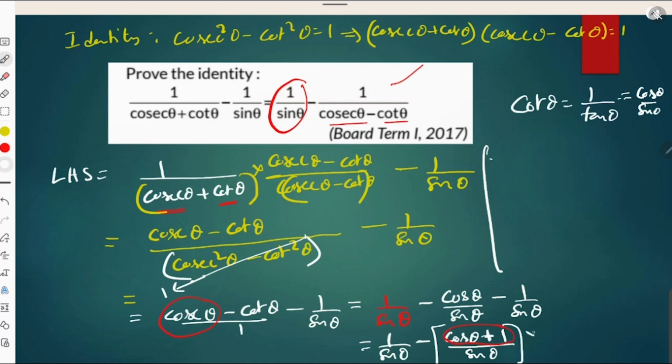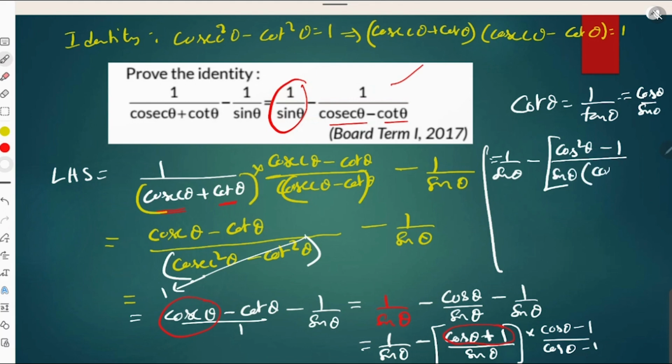If you multiply and divide with cos theta minus 1 by cos theta minus 1, then it comes out to be: the numerator will be 1 by sine theta as it is, and here it will be cos square theta minus 1 by sine theta into cos theta minus 1.